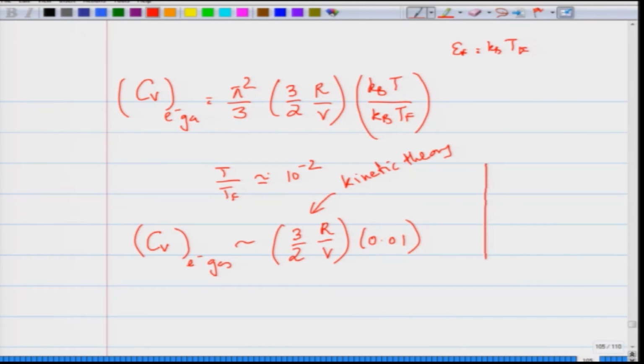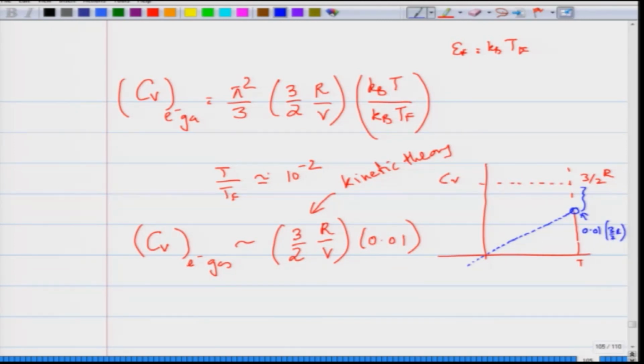So, from the kinetic theory of gases, if you just were to measure the specific heat of the electron gas, that value would be 3/2 R at some temperature T. However, if you were to measure the specific heat of the electron gas, it would be linearly temperature dependent, and at this temperature the actual specific heat would be 0.01 times the 3/2 R value.